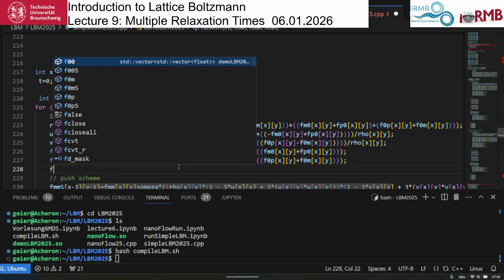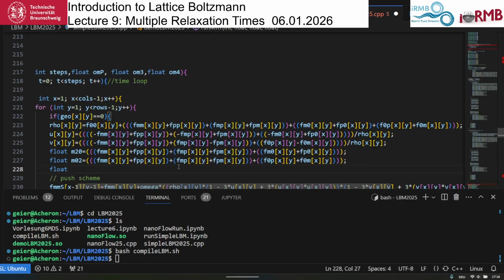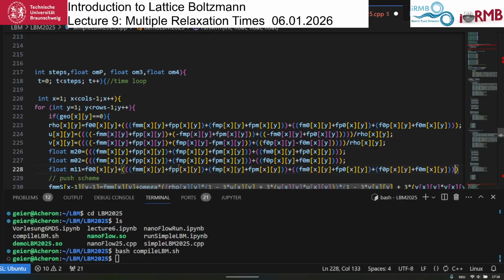Okay, then we have the last, this M11. M11 is something that does not have any zeros in the indexes at all, meaning we have to take these here out.